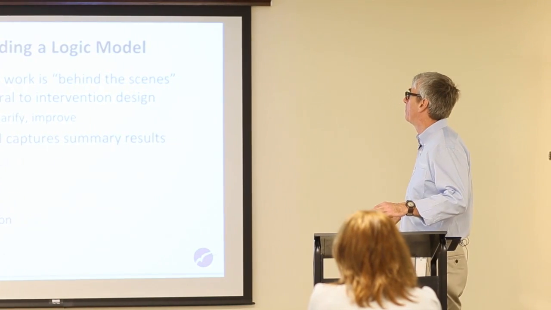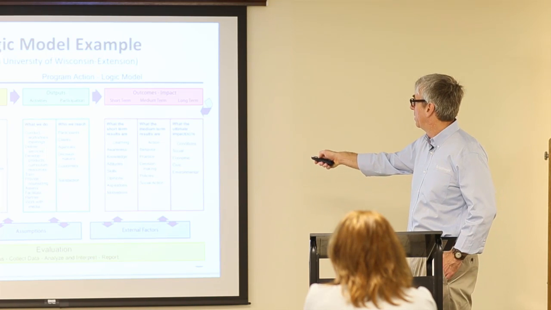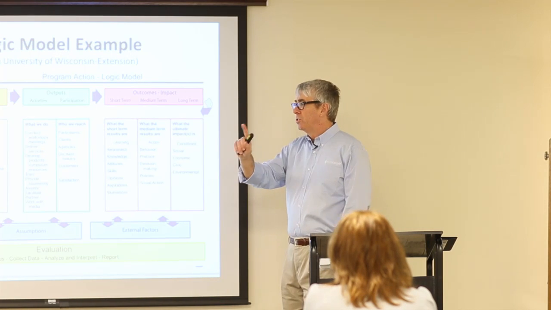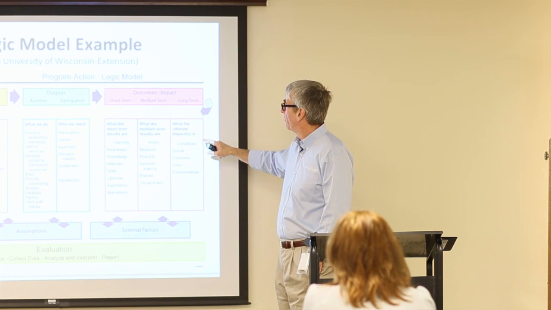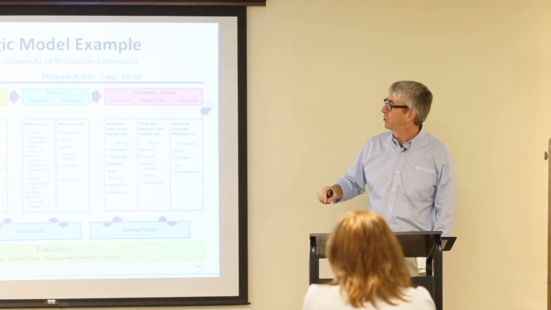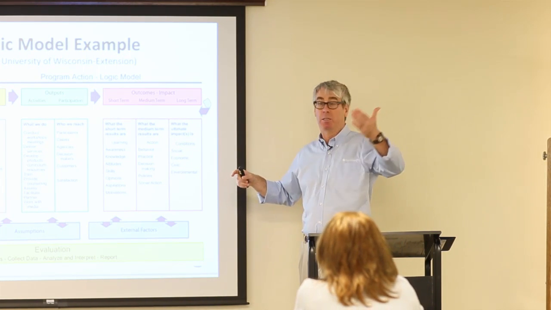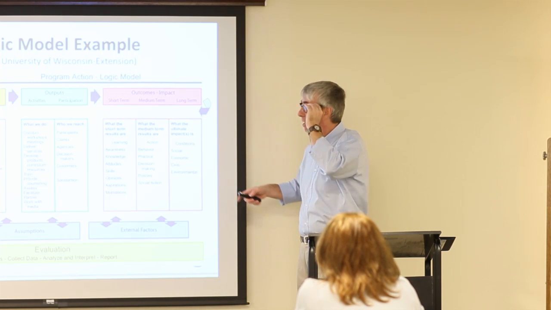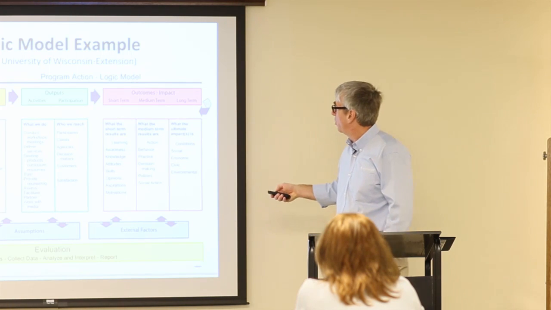By the way, let's go back here and note that ultimate impact. As we talked about, for example, in depression screening, one of the ultimate impacts is better well-being, quality of life, treatment, lower hospitalization. Those sorts of things are noted here.